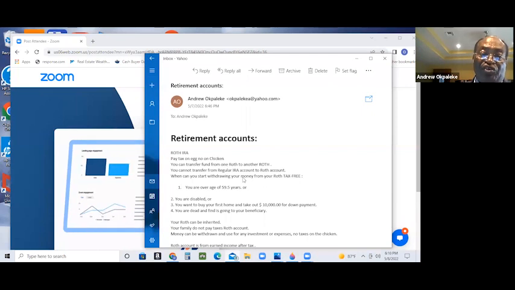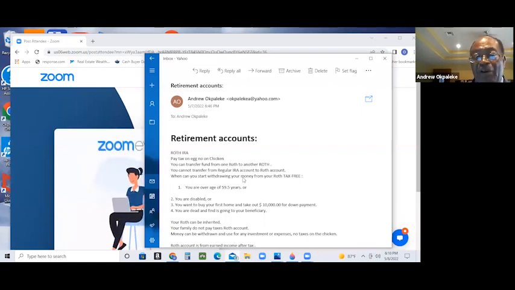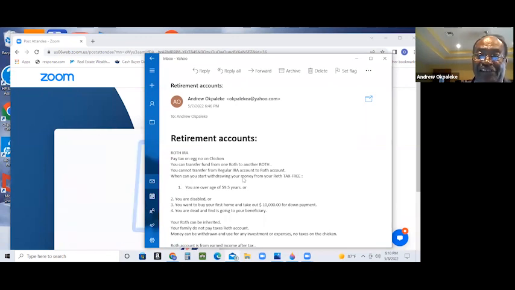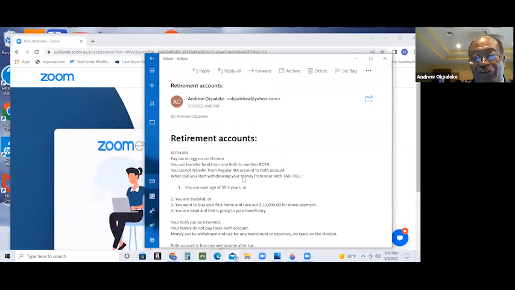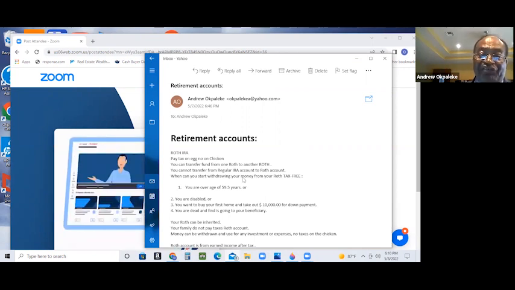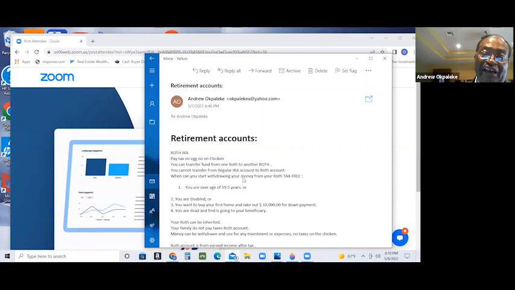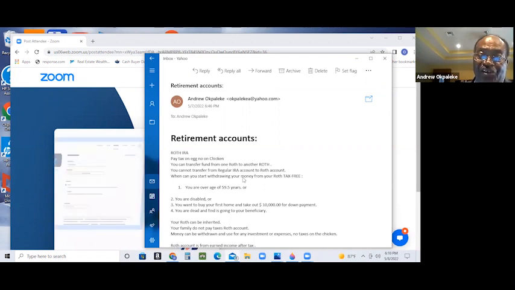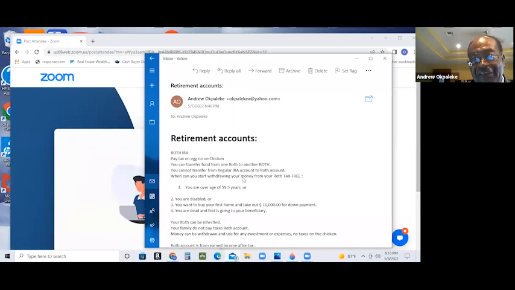So we're going to focus on the Roth IRA. The Roth IRA is paying tax on the egg instead of the chicken. When I say pay tax on the egg instead of on the chicken, what I mean is once you have converted your retirement to Roth, it means you have paid the income tax already.